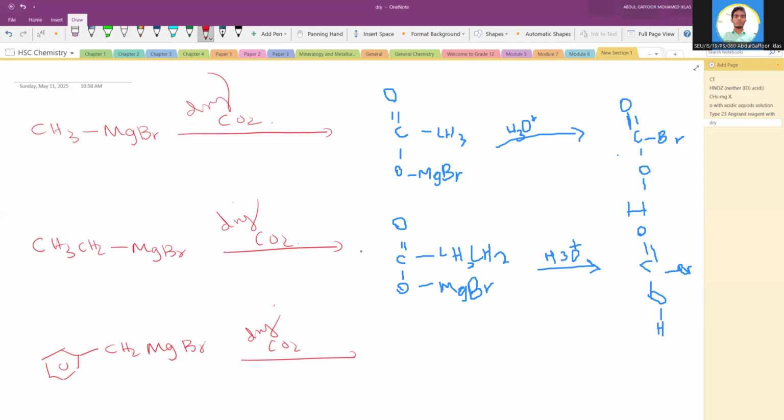Is this just going to be the same? Is this just going to follow the same thing? Yeah, the same thing. The only difference is instead of CH3CH2, we have benzene.